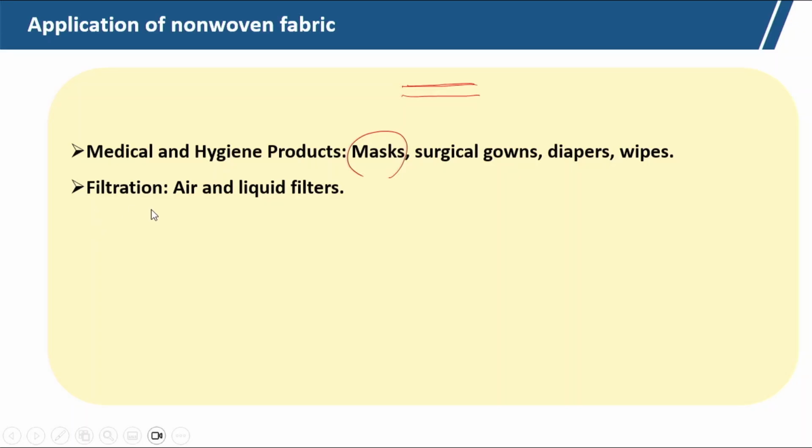Filtration: it is very widely used in air filtration and liquid filtration due to its unique nature of low pressure drop with high filtration efficiency. And the main advantage of nonwoven is that it has irregular pores with a thicker structure. So, when a particle enters, it gets separated by different principles depending on its speed or size.